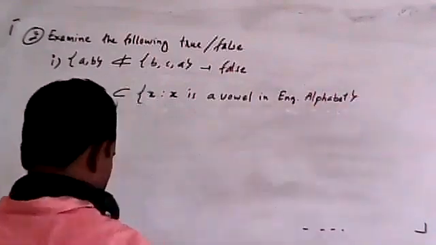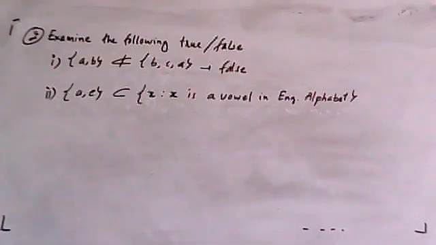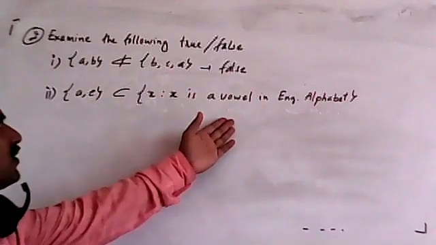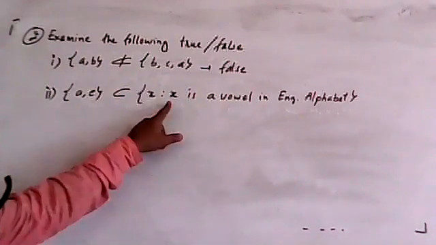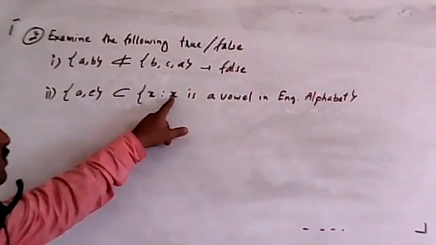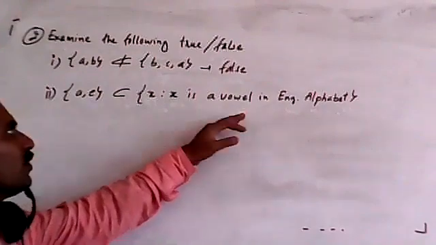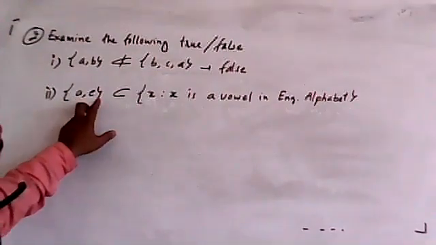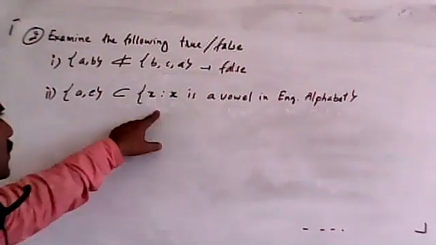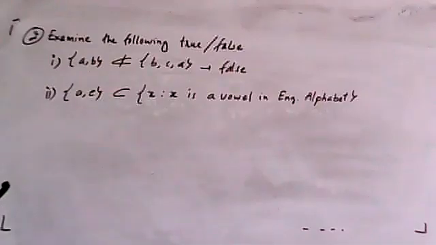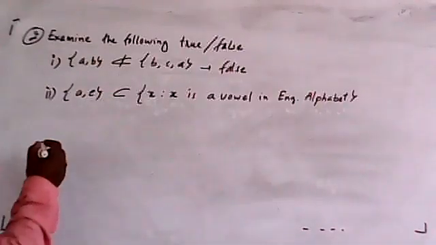Now you guess. Certainly, A, E, I, O, U are the vowels, and x may be A, E, I, O, or U. So what all vowels will be covered in this? Only two vowels came here, A, E, and they are written as this set is a subset of this. They are written correct only. We tell that it is true. Answer is true.